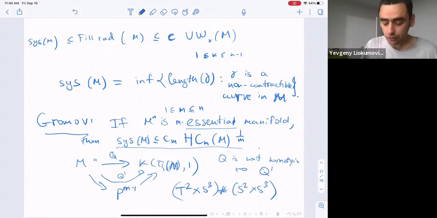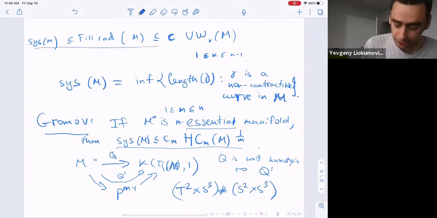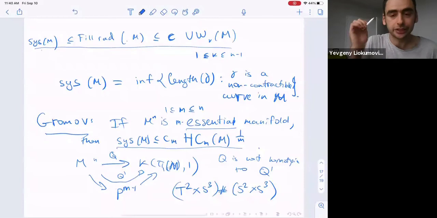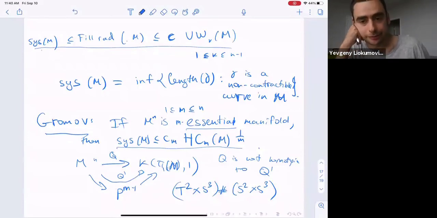And it's also more general than Gromov's inequality because Hausdorff content is smaller than the volume. It somehow disregards the wrinkliness on the small scale. And why this is possible is precisely because of the string inequality, where Gromov related the Urysohn width to the filling radius and the filling radius to the systole of the manifold.